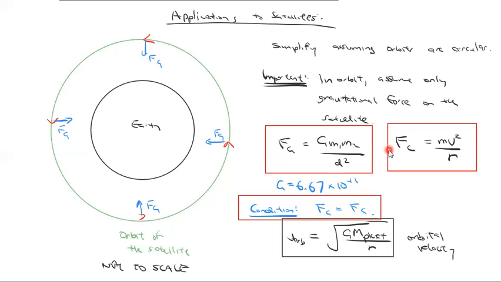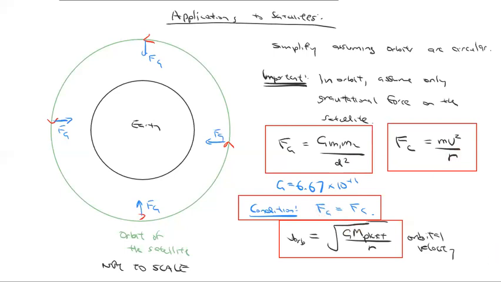That is applying our theory of circular motion to satellites to get the orbital velocity. So that's how we derive that equation. You can do the maths itself, but those are the formulas, the concept.